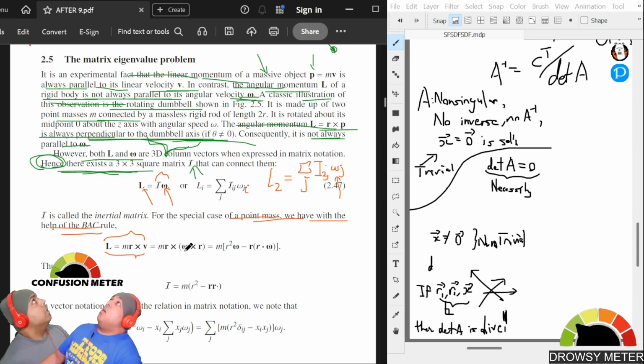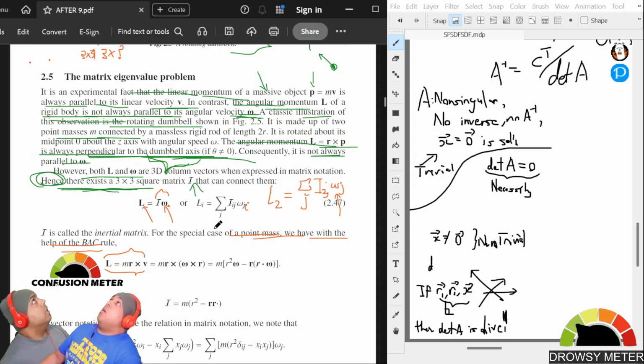M R cross omega cross R, plus here M R cross omega cross R.